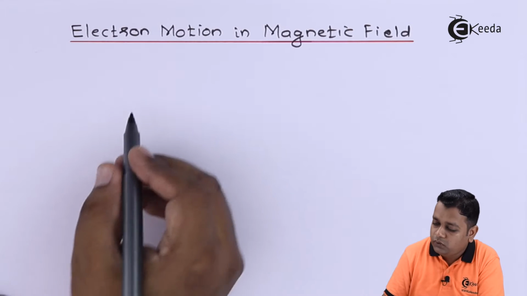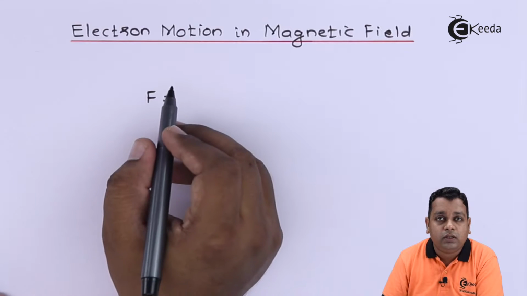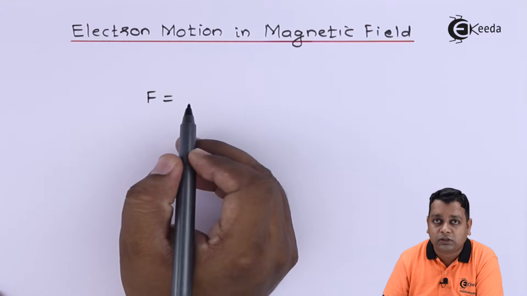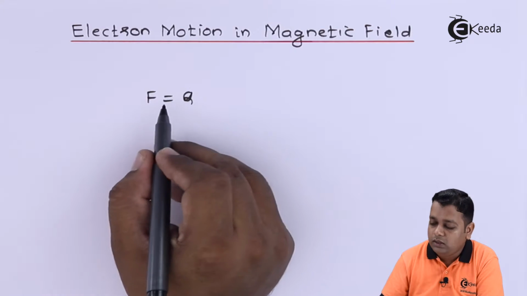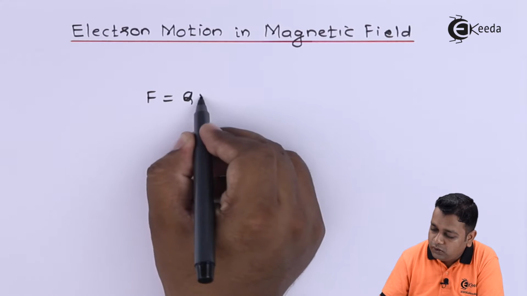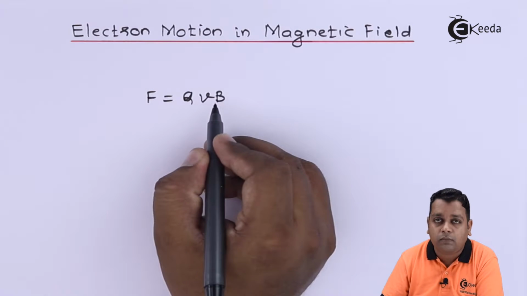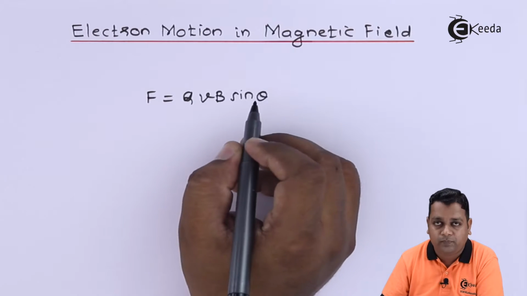So we can write F is equal to the relation with respect to the magnitude of the charged particle, which will also be there, so it is also directly proportional. Hence F is equal to Q into the velocity into the magnitude of magnetic flux into sine theta.